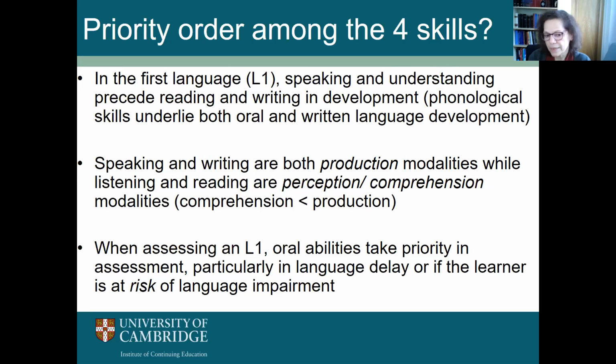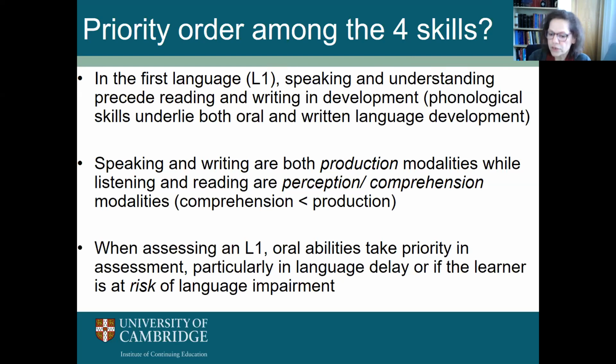The other type of distinction between the four modalities is that speaking and writing are both production modalities, while listening and reading are comprehension modalities. And typically we have a priority ordering between comprehension and production, so that comprehension precedes production, as is usually the case.